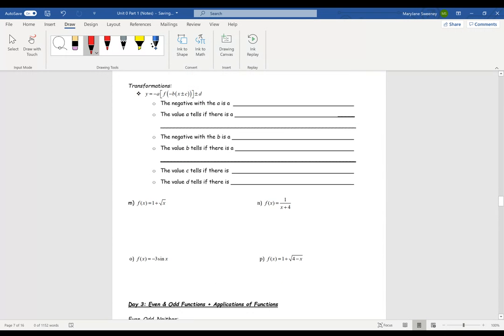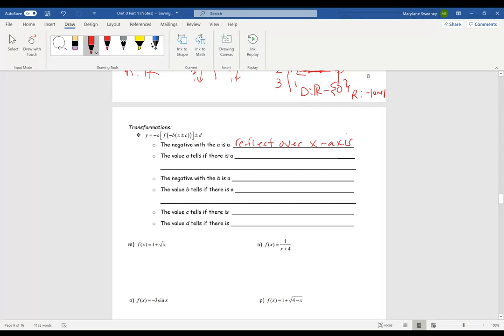All right, last little bit we're going to talk about, you should know all your transformations from last year. So if there's a negative in front of the A, that's a reflect over x-axis.